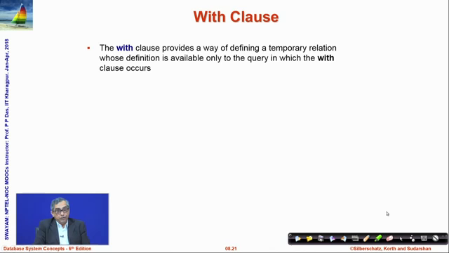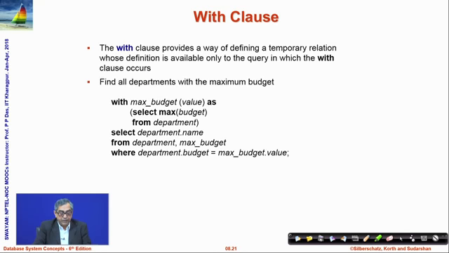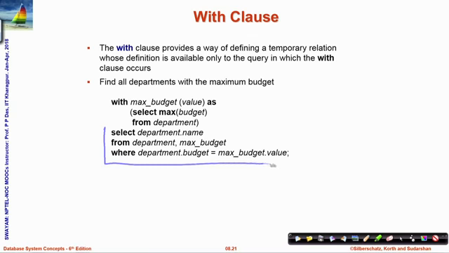There is a with clause that provides a way of computing a temporary relation, and that can be subsequently used. So, let us look at an example. We are trying to find all departments with maximum budget. So, this is my basic query.